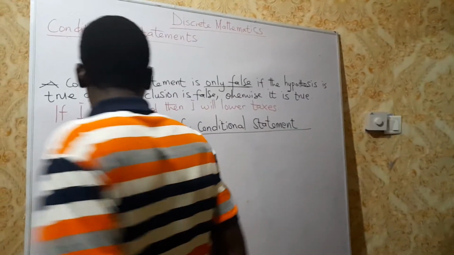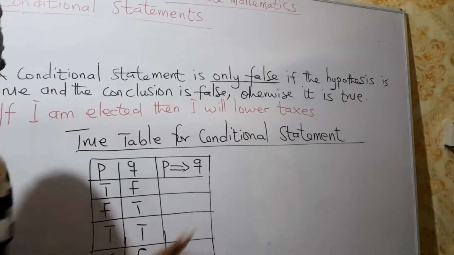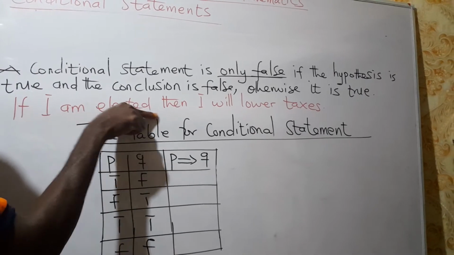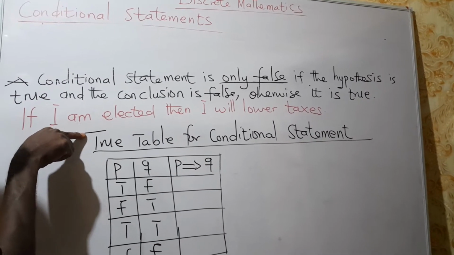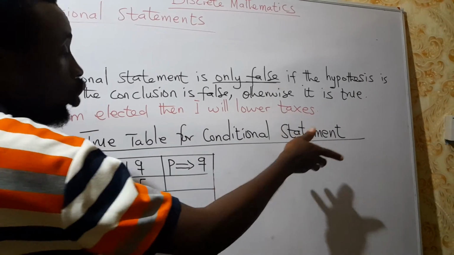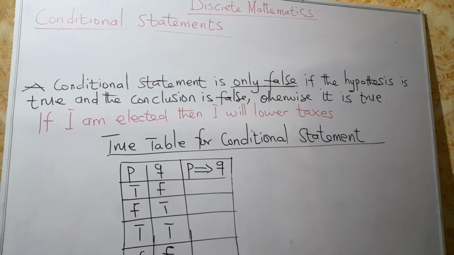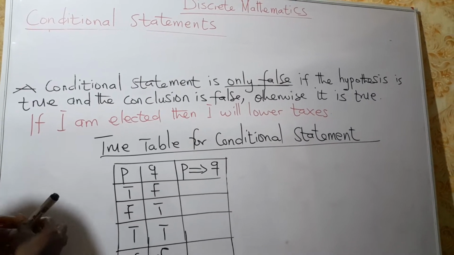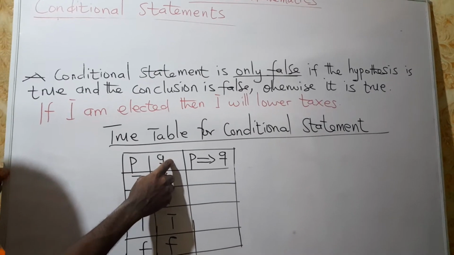So let's look at the truth table. If I am elected, then I will lower taxes. So if the first aspect is true and the second aspect is false, then the statement becomes false. Otherwise, it is true in all respects. So let's look at the truth table. This is the hypothesis and this is the conclusion.